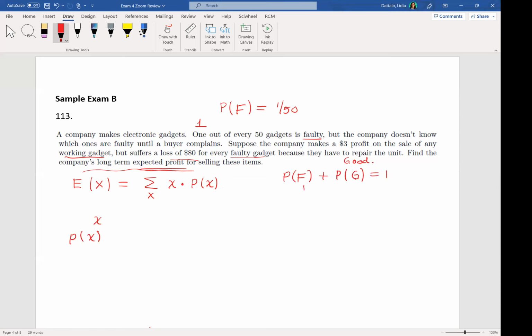The probability of faulty was 1 over 50, plus what equals 1? Well, we know that this must be 49 over 50 to make 1. So that's the probability of G.